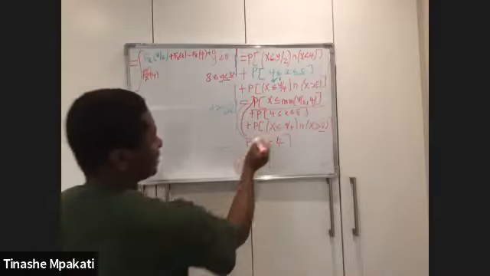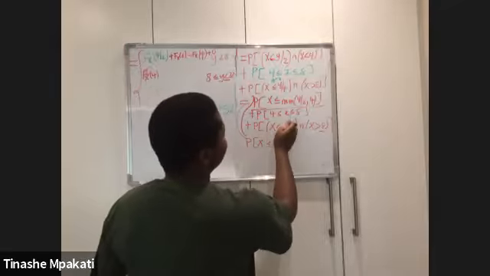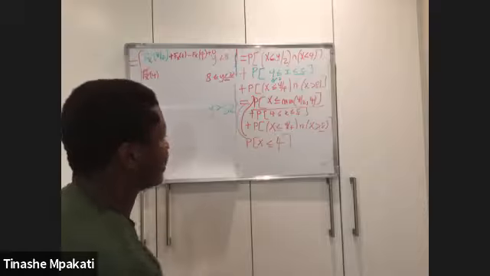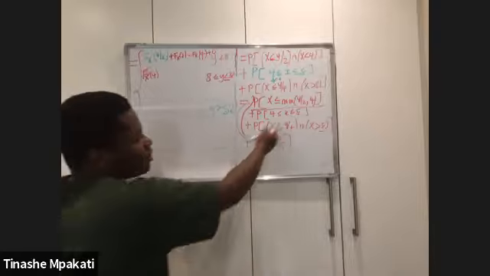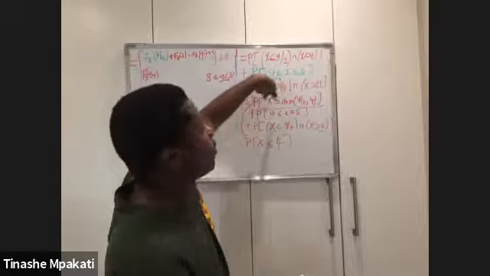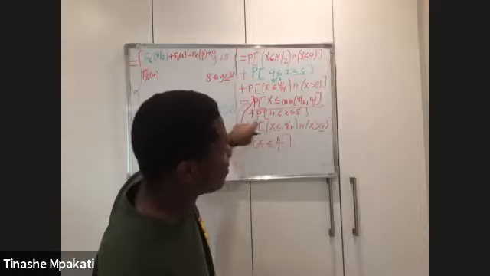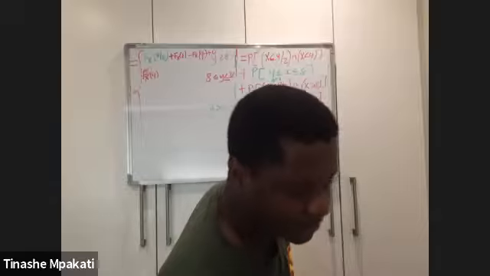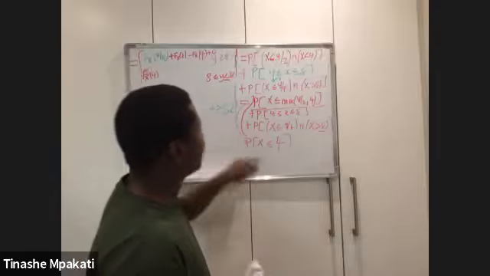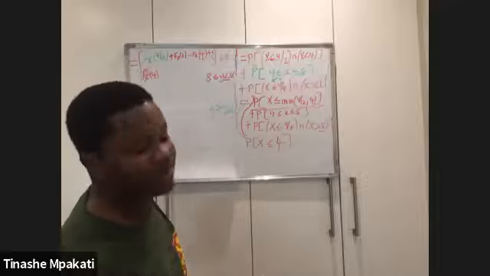Then the next statement is saying we want the probability of x being between 4 and 8. Here there's not much that we have to consider. You take whatever answer you got at the previous term, and now add the probability that your x is between 4 and 8.